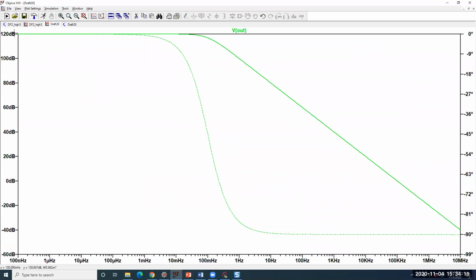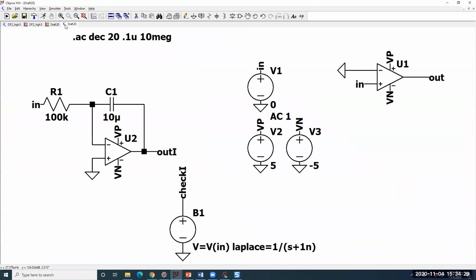So with the DC gain, you draw a line out, and then from the gain bandwidth you draw a line with 20 dB slope per decade, and you get the area under this curve. You want to be below that.